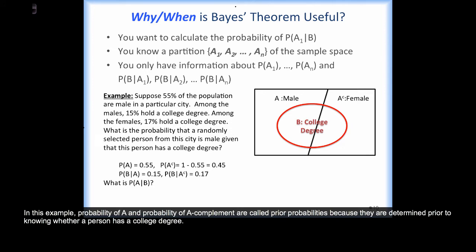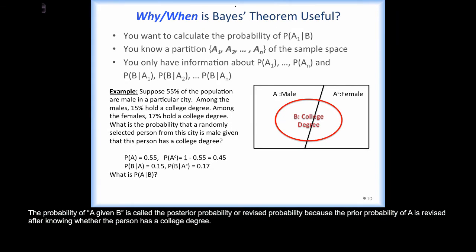In this example, probability of A and probability of A complement are called prior probabilities because they are determined prior to knowing whether a person has a college degree. The conditional probabilities of B given A and B given A complement are the likelihoods that a person has a college degree by gender.